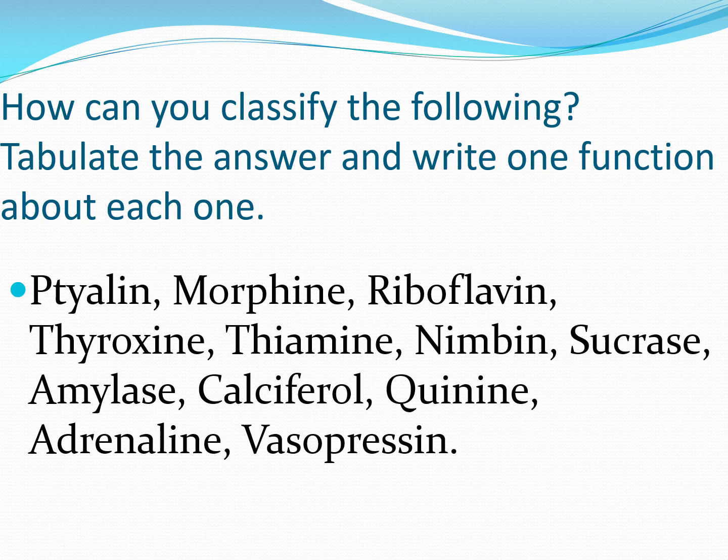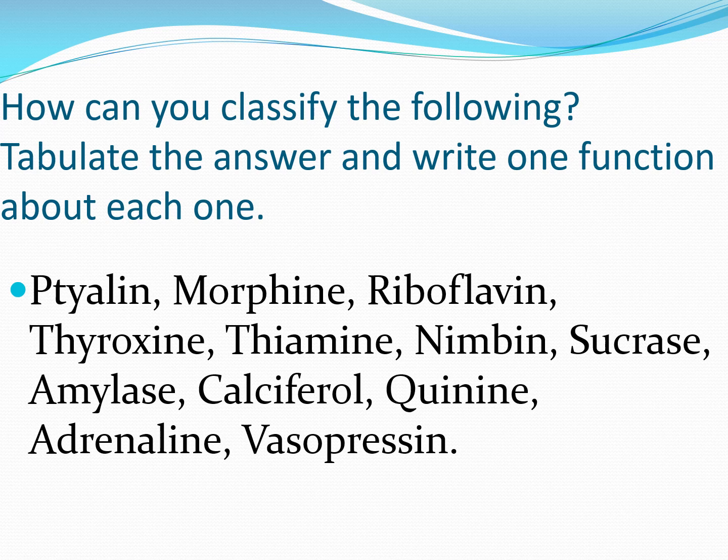So the words mentioned for us here are thiolin, morphine, riboflavin, thyroxine, thiamine, nimbin, sucrase, amylase, calciferol, quinine, adrenaline and vasopressin. So one can understand very easily the technical terms which are mentioned here belong to, some of them are enzymes, some of them are hormones, some of them are vitamins, and some of them are alkaloids.